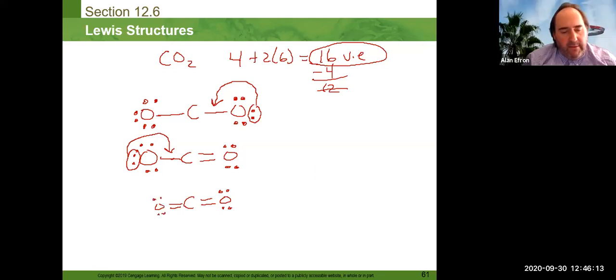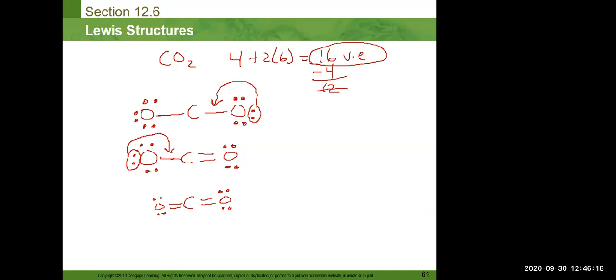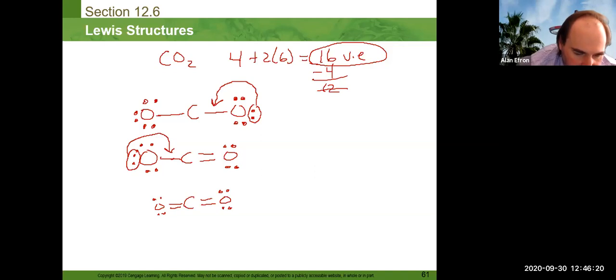And when we do that, we are still maintaining the same number of electrons total, which is 16, but we have now fixed the problem that we need. We got 2, 4, 6, 8 for our oxygen on the left, 2, 4, 6, 8 for our oxygen on the right, and our carbon in the middle has 2, 4, 6, 8. So this really is the right structure for CO2. It does look like this. Question on that one.